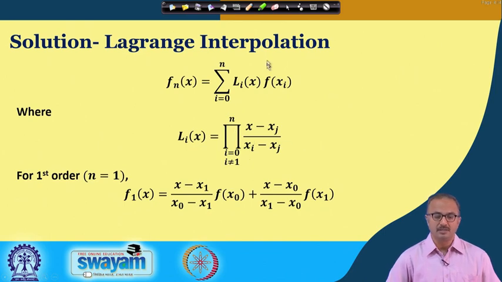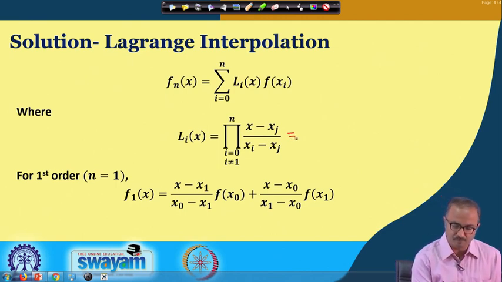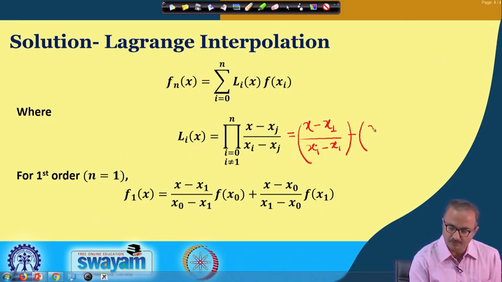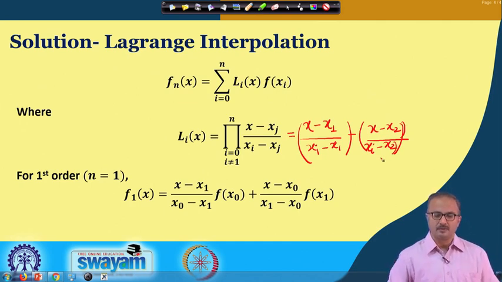If you expand this product, it will look like this: it will be (x minus x1) divided by (xi minus x1), into (x minus x2) divided by (xi minus x2), and like this it will go on.